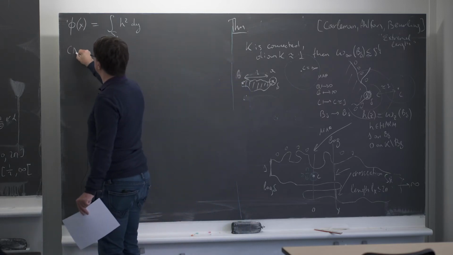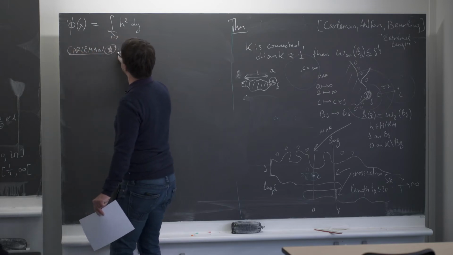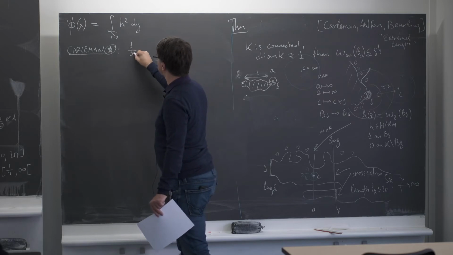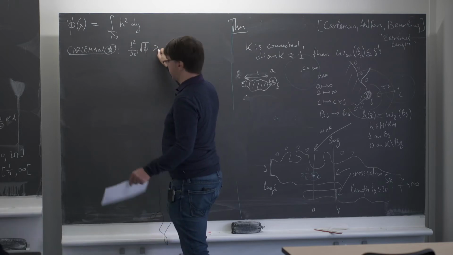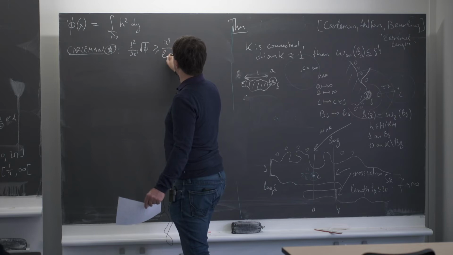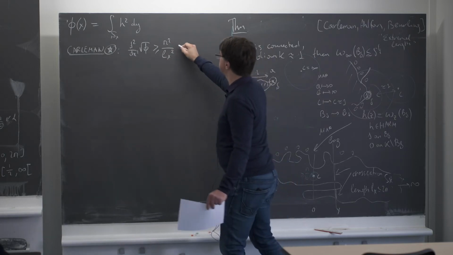The proof of Carleman says that you have the following inequality, star: the second derivative in x of square root of phi is at least pi squared over length at x squared, times square root of phi.